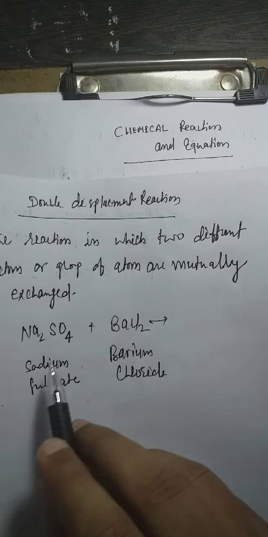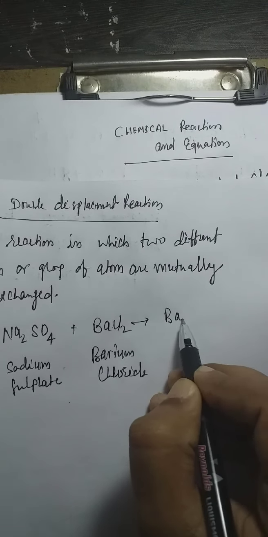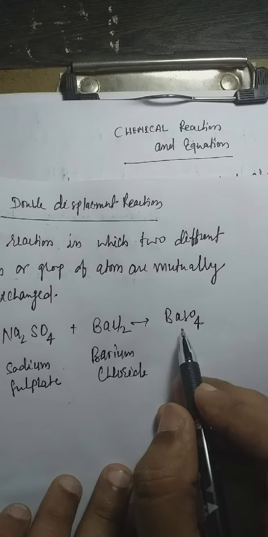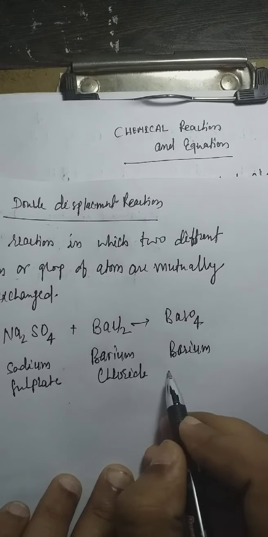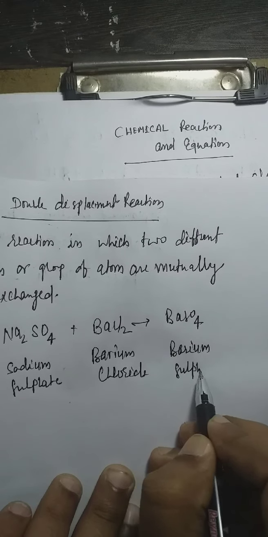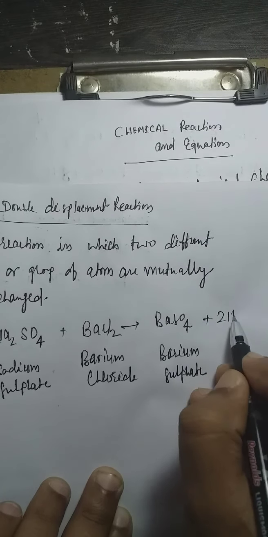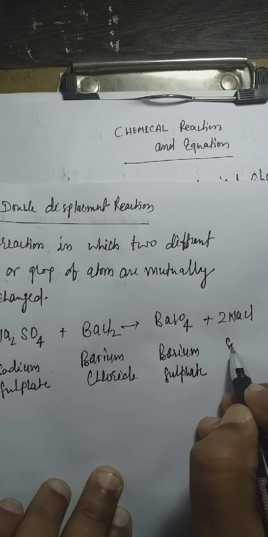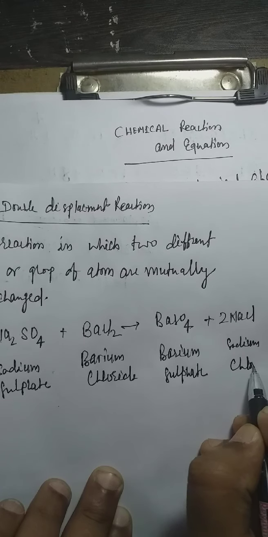So this is Na2SO4 reacting with BaCl2. It forms BaSO4, again with the suffix sulfate, so you may write the name barium sulfate. Ba stands for barium. And then 2 times NaCl, because balancing the equation is also essential for us, and NaCl is called sodium chloride, right?